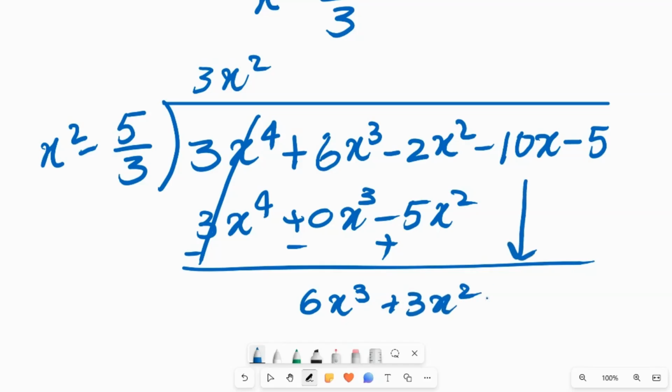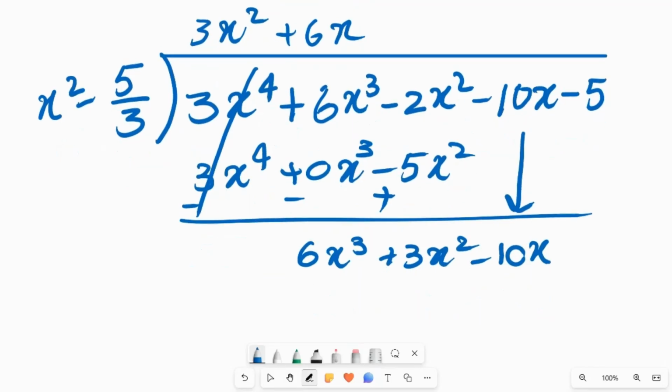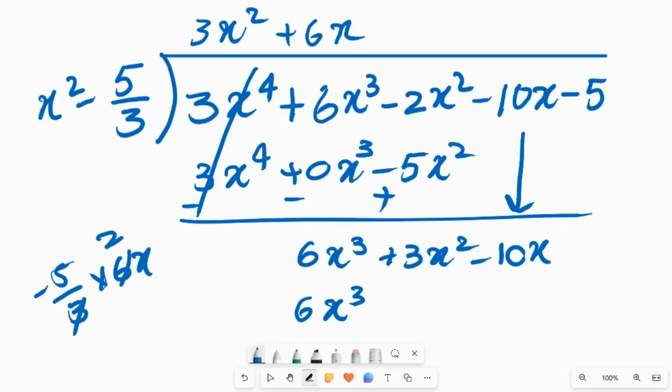I'd bring this down, minus 10x. So next, what would I multiply to the first term of g of x to get the first term of p of x? Now I would multiply 6x, right? If I multiply 6x into x square, that is 6x cube, and minus 5 by 3 into 6x, this will cancel two times, so it would be minus 10x, right?